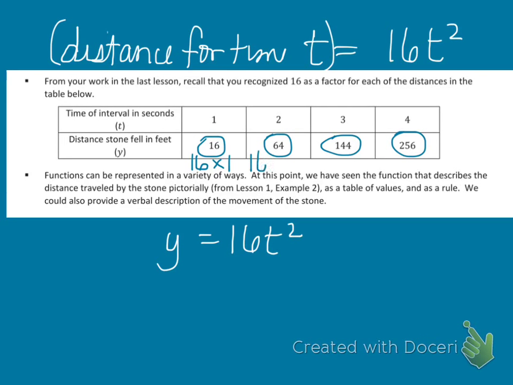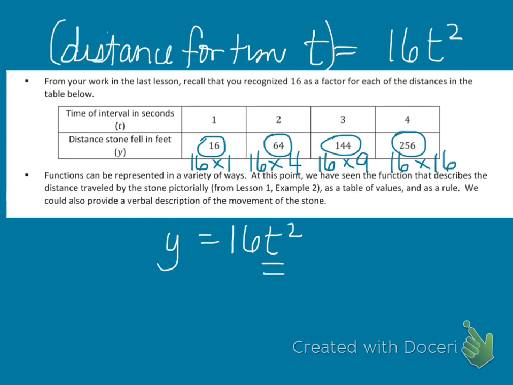This one is 16 times what? 4. This one is 16 times 9. And this one is 16 times 16. So maybe you can see the association now of 16 times the time squared.